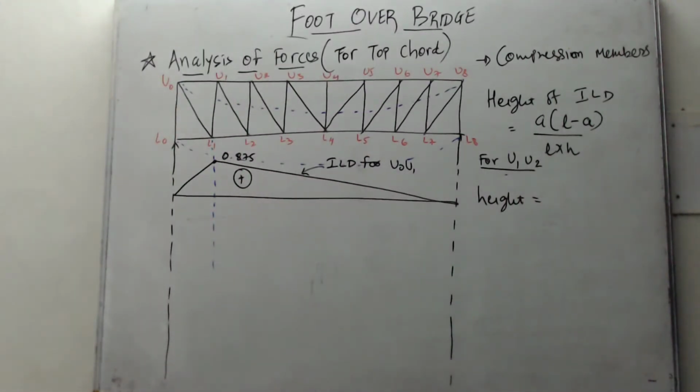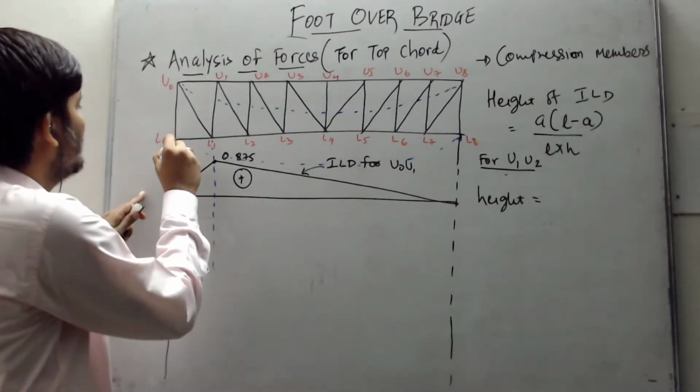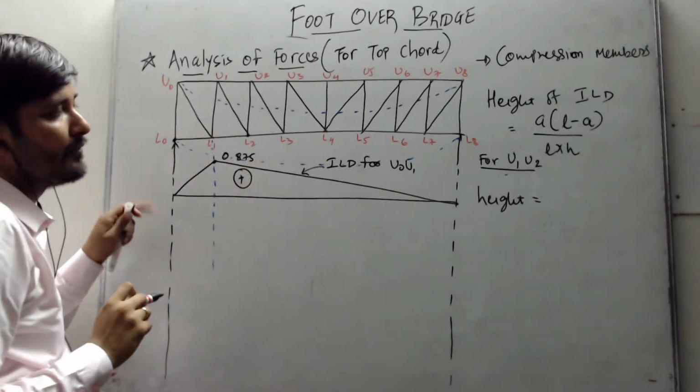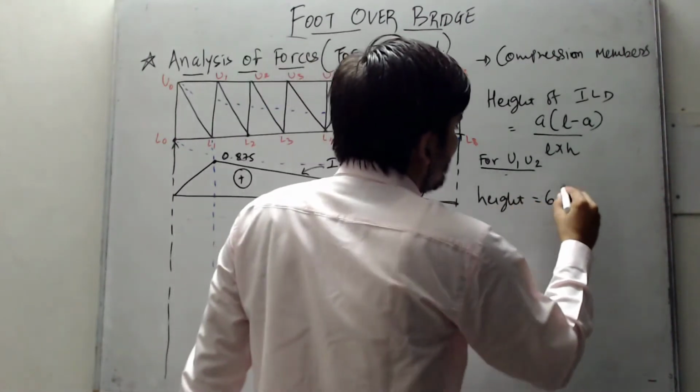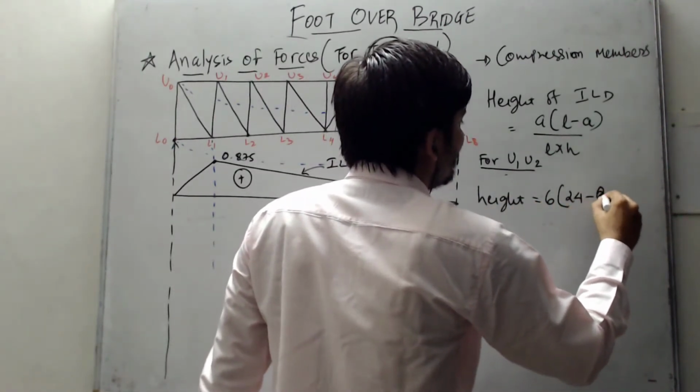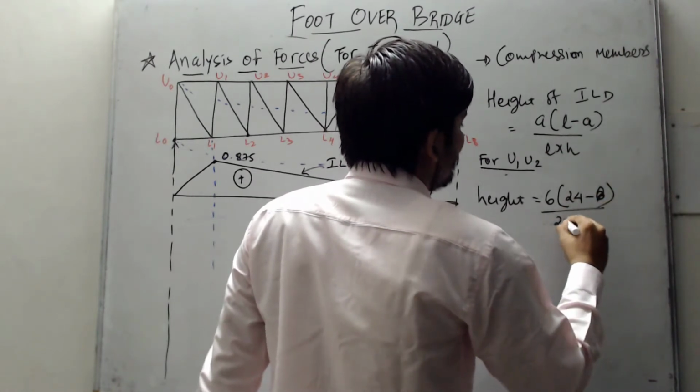For U1 U2, a is the distance from the left hand side support. So from this point, how much distance is there up to U2? So a is 6 meter, length is the same, (24 minus 6) divided by 24 into 3.